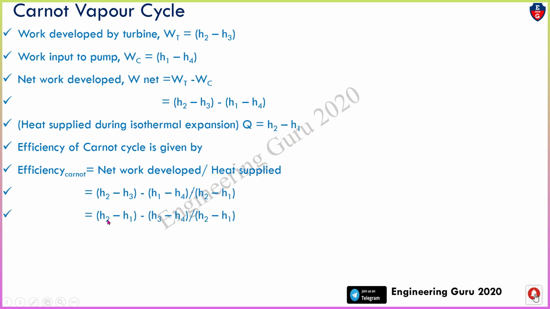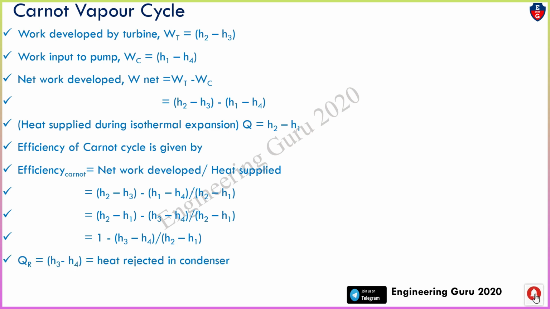Simplify this: (H2 minus H1) minus (H3 minus H4) divided by (H2 minus H1). So it would be 1 minus (H3 minus H4) divided by (H2 minus H1). QR equal to H3 minus H4, heat rejected in the condenser. QS equal to H2 minus H1, heat supplied in the boiler.